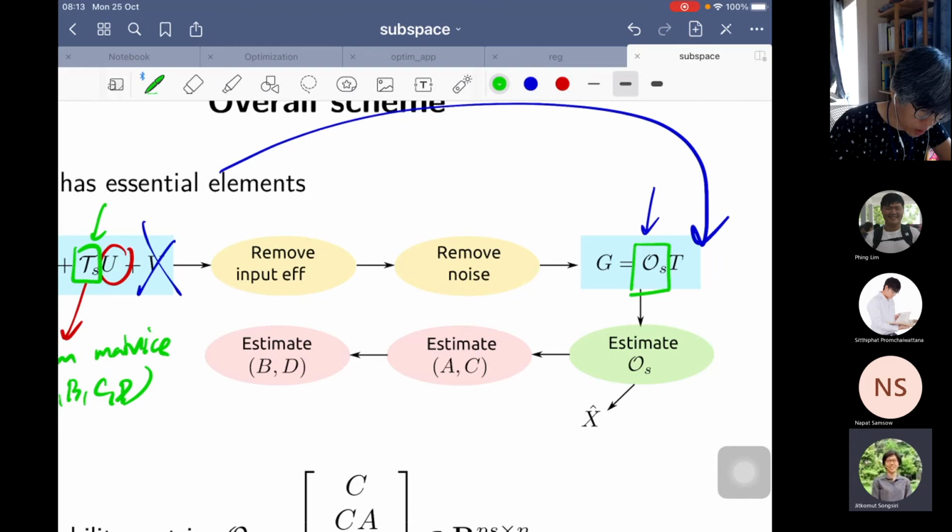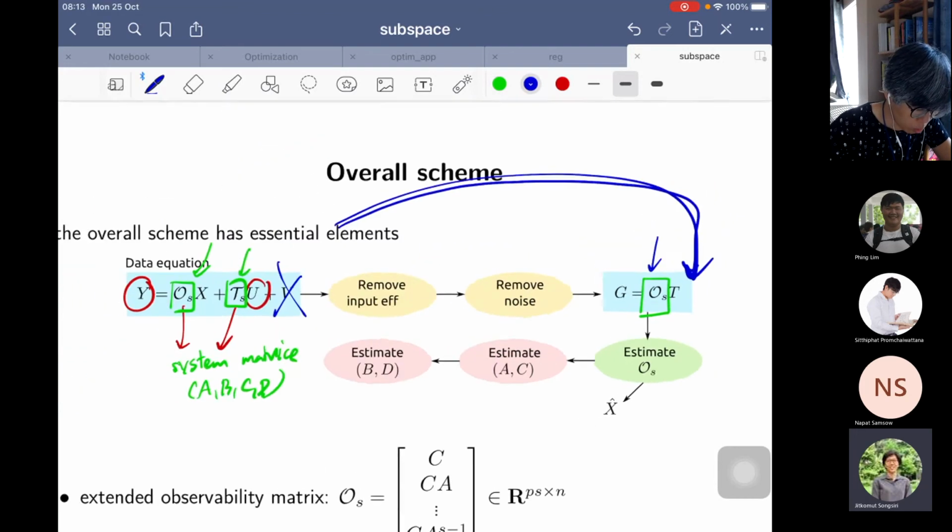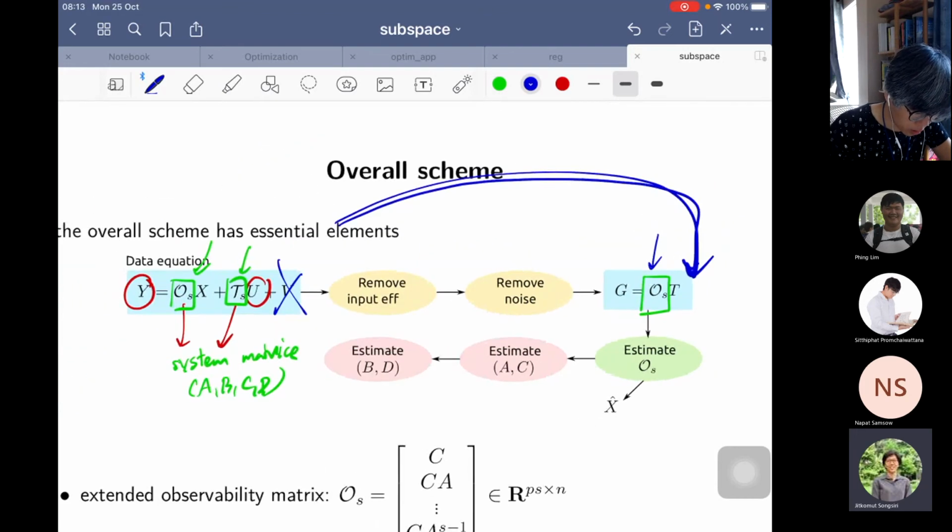But before that, in order to reduce the data equation to the one in the blue screen, we need to remove the effect from input U, and remove the effect from the noise. These two processes in the brown boxes can be done by using the concept of orthogonal projection.